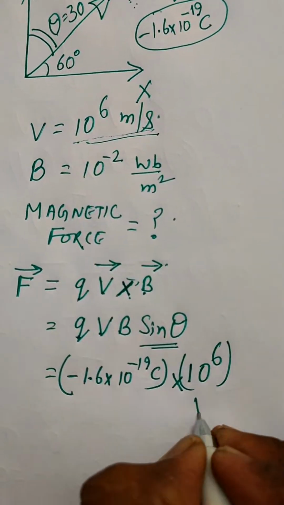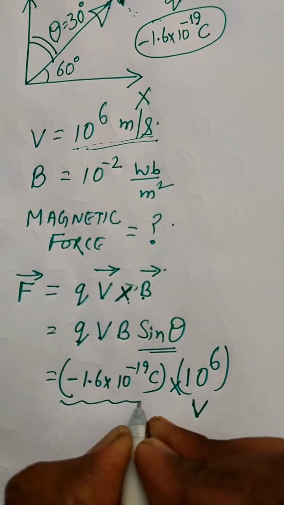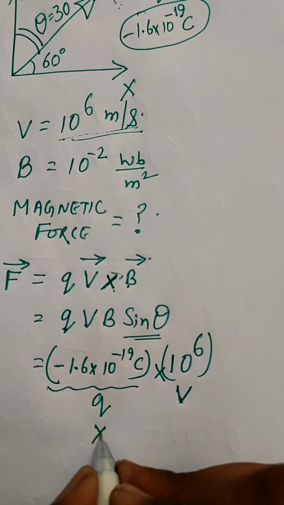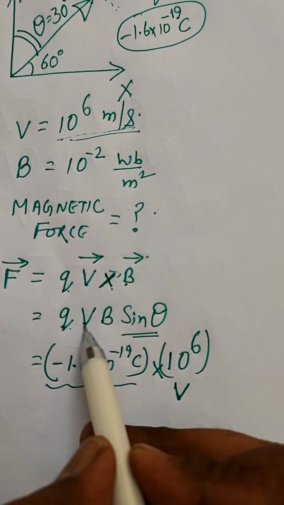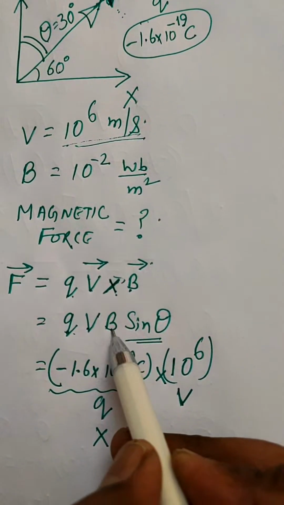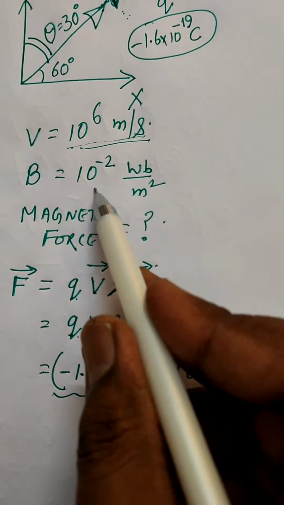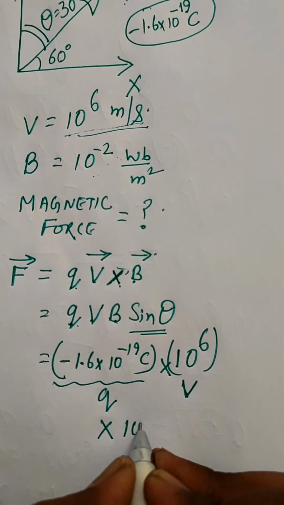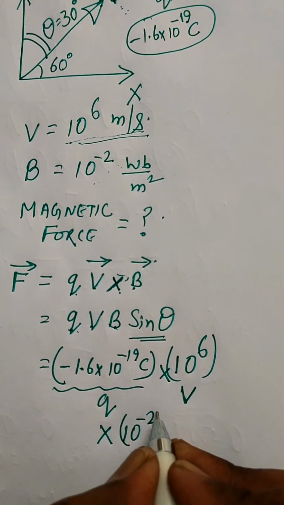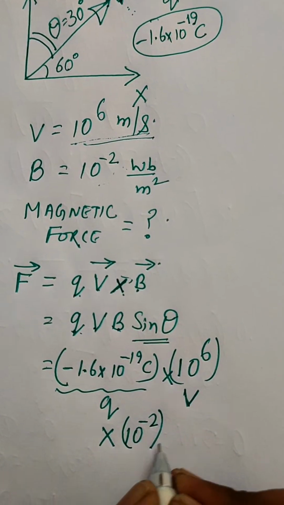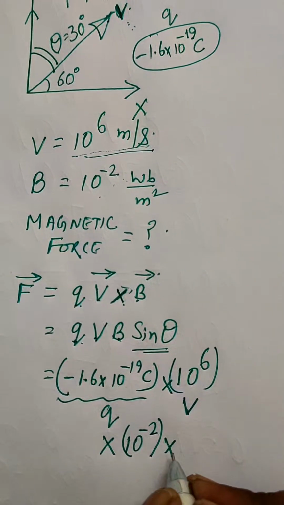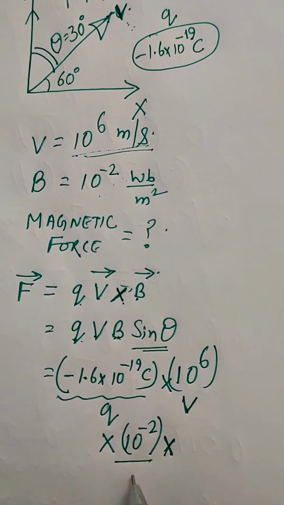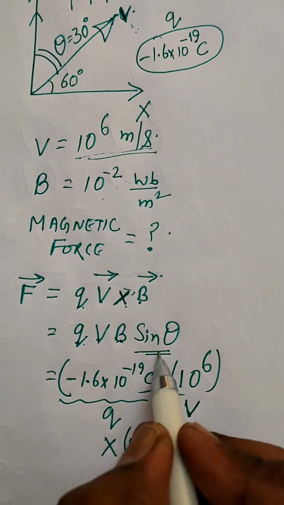So this is V and this is Q, and this will be multiplied with B. What is the value of B? B is given as 10 to the power minus 2 Weber per meter square. Multiplied with sine theta.